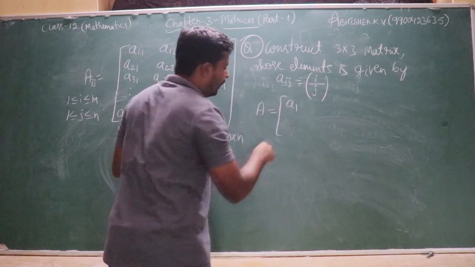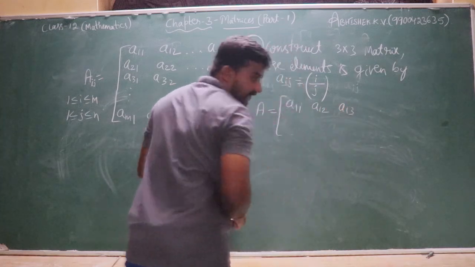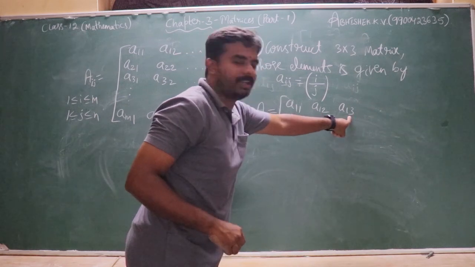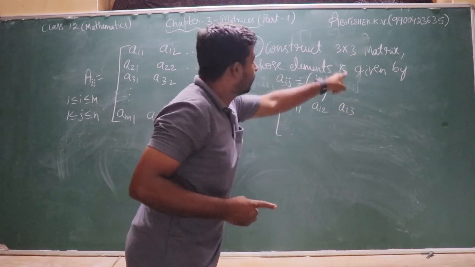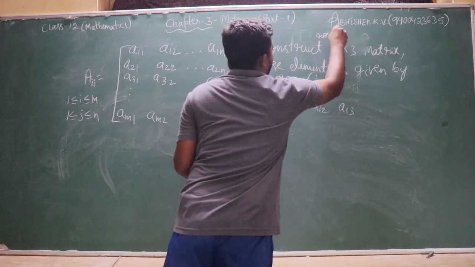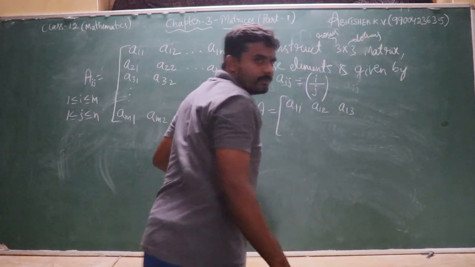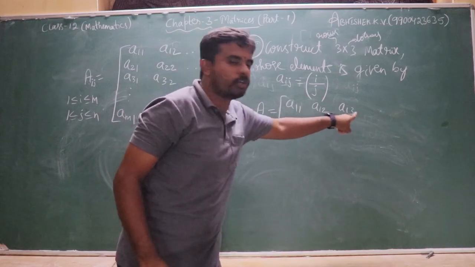It is of the form A11, A12, A13. We should stop at A13 because this is the first row. The first number represents rows, the second number represents columns. So first row first column, first row second column, first row third column.